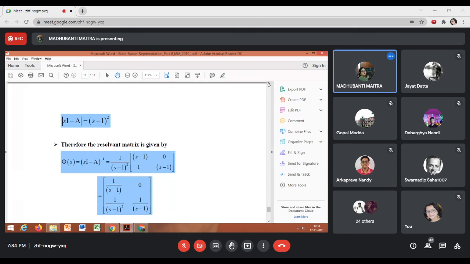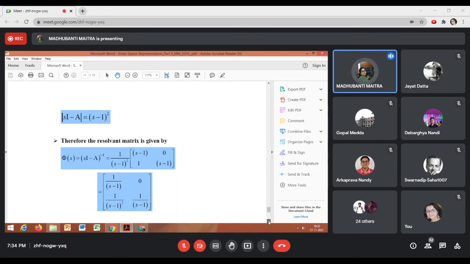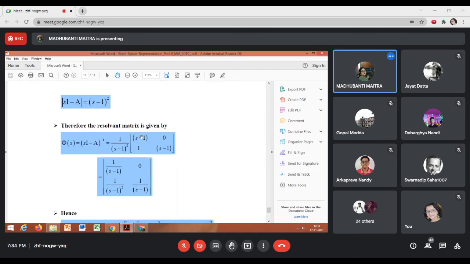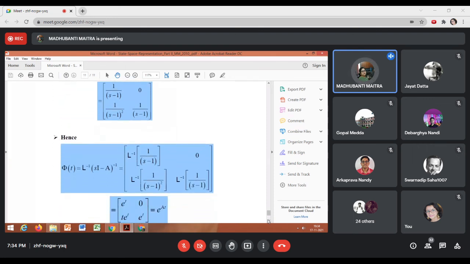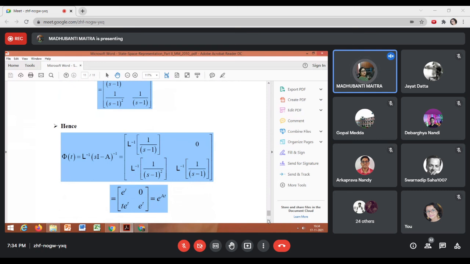Agree? Yes. Okay. So phi s will be this one divided by this. So 1 by s minus 1, this is 0, this one will be 1 by (s minus 1) whole square, and this one will be 1 by s minus 1. Since we are quite familiar with Laplace transform and inverse Laplace transform, and we know the formulae, it will be really helpful for us if you go for this particular method.